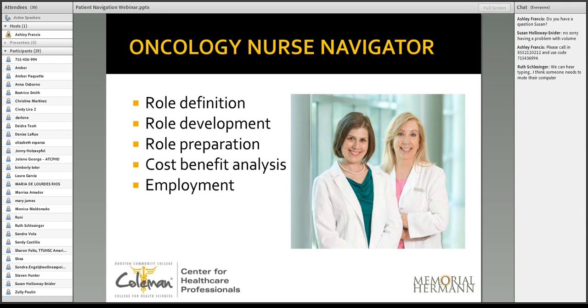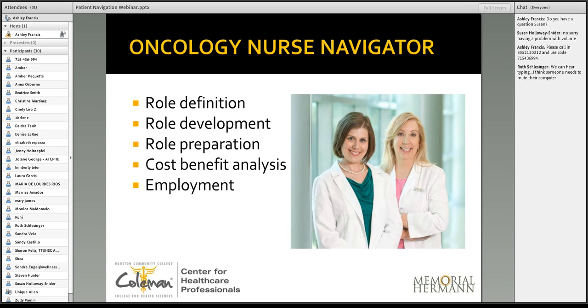Also, what we know is that because of the experience and the clinical capacity of the RN, they are best able to collaborate with all members of the multidisciplinary team, from community health worker, lay navigator, up to physician, social worker, speech therapist, physical therapist, whatever that might consist of in that multidisciplinary team.